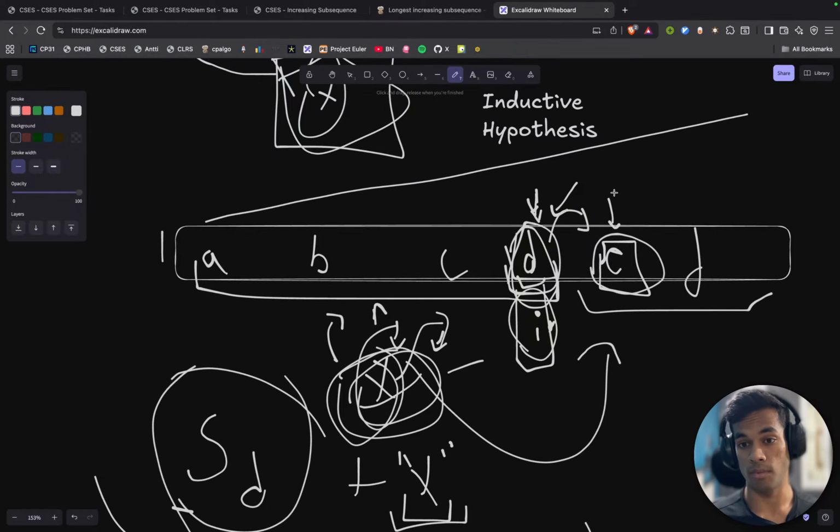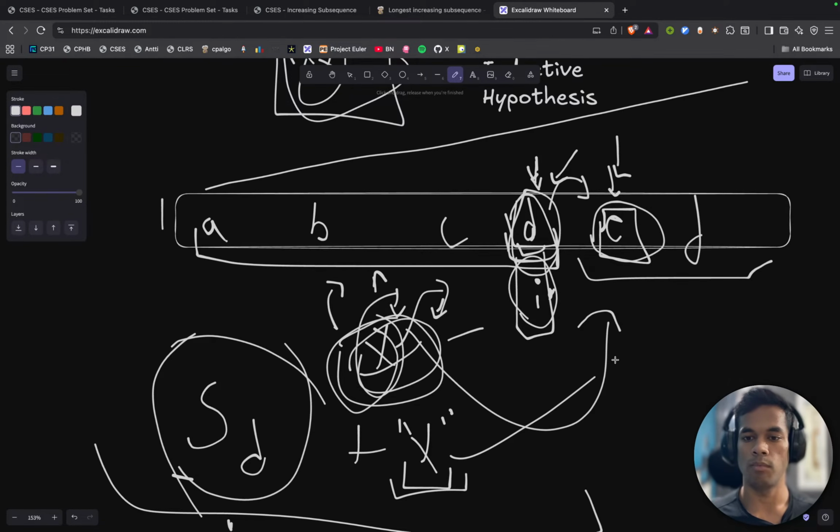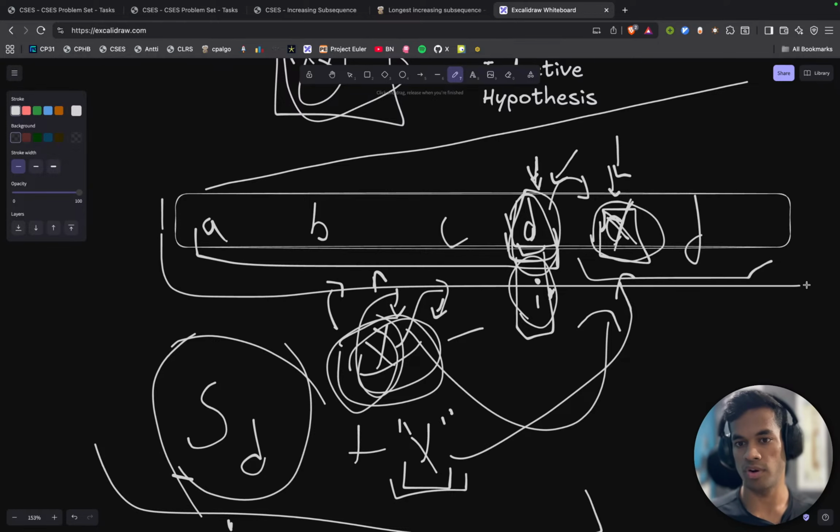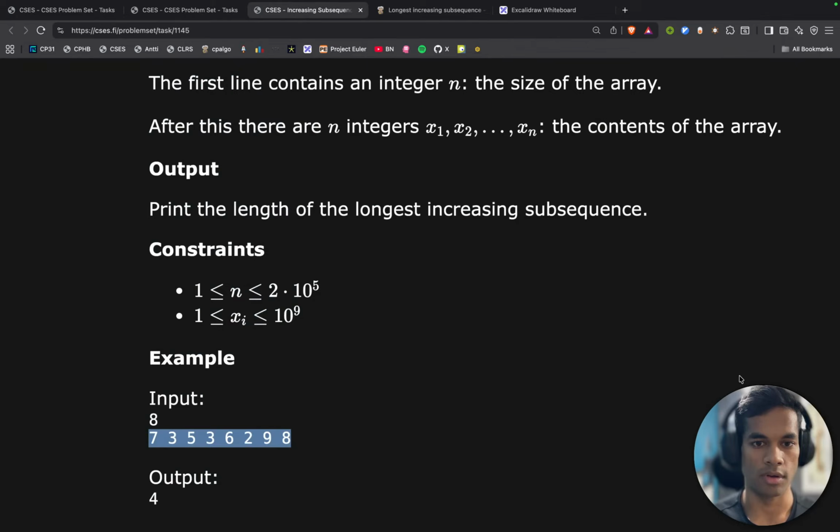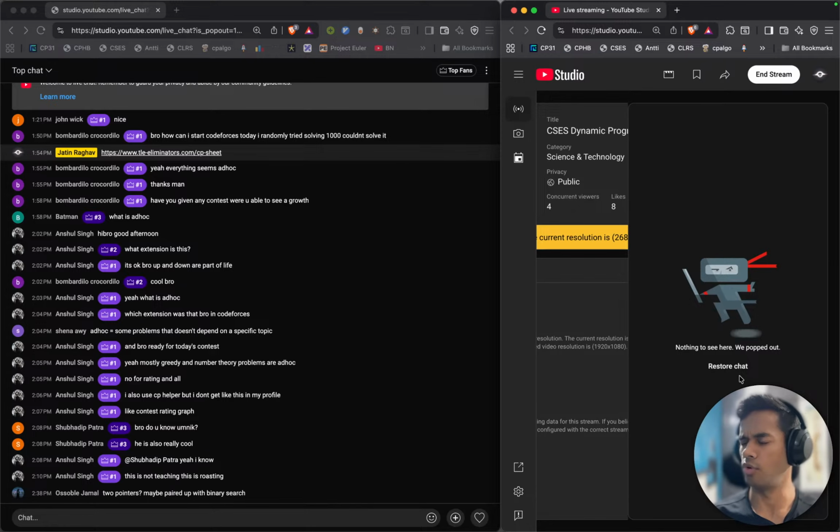And we know that E is greater than x or equal to x. But whatever the case, we will put x at this index, and still this thing is monotonously increasing. So this is always going to be monotonously increasing, and that is crazy cool. Right, so by induction, this is always going to be monotonously increasing, which is cool.